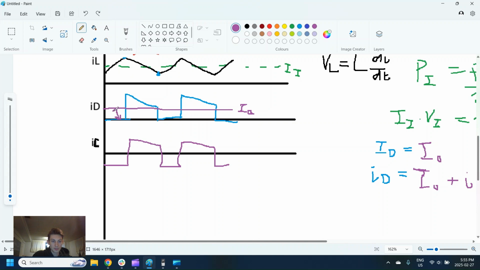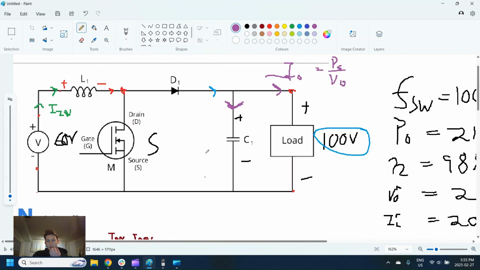And since this has been shifted down by I out, this value here now has to be I out. So that's this value here. So whenever the switch is closed, this is kind of intuitive. This is basically saying that when the switch is closed, for us to maintain this constant voltage at the output, we have to have a current supplied from somewhere, which is I out, and that current can only come from this capacitor.